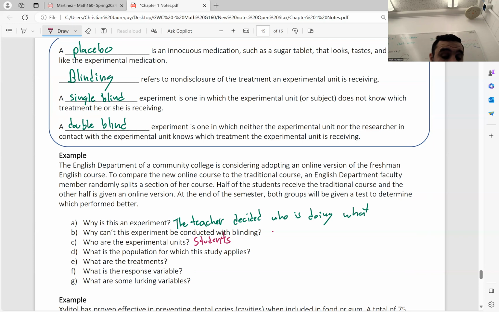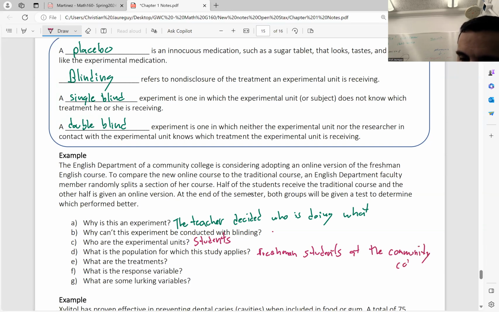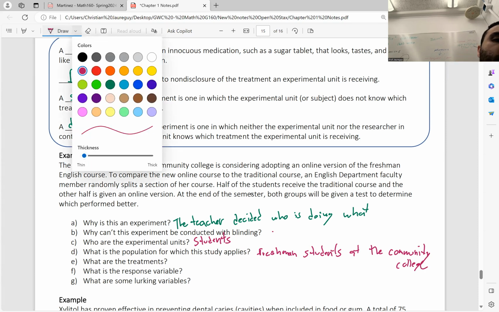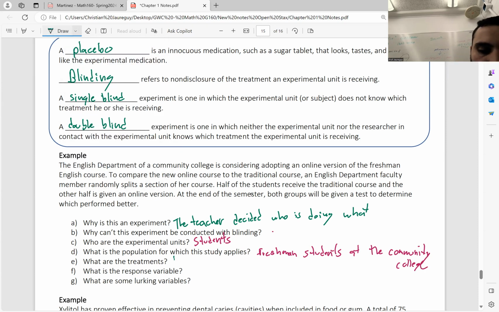What's the population? The population is going to be the freshman students at the community college. The treatments are traditional versus online.